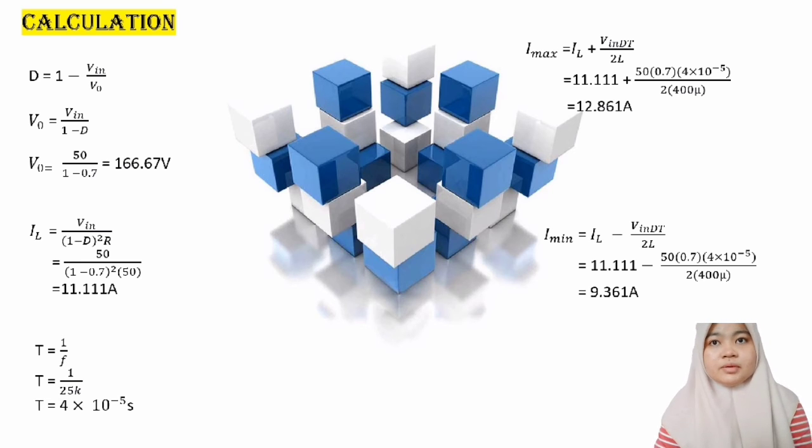For the I minimum, it is still the same, we just change the plus to the minus. So for I maximum, we get 12.861 ampere, and for the I minimum we get 9.361 ampere.